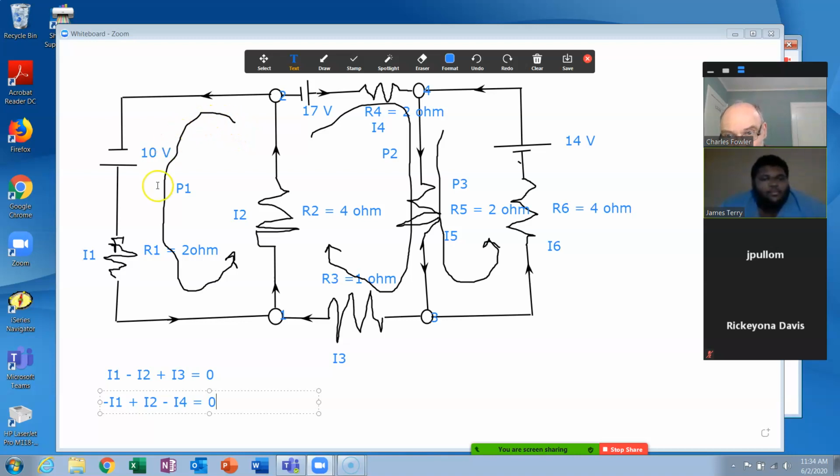Look at an arrow. This path is going in this direction. The current flow is around like that. So it's going out of junction 2 into junction 1. This one's going out of junction 1 into junction 2. This one's going out of junction 2 into junction 4, out of junction 4 into junction 3, out of junction 3 into junction 1. You see that?